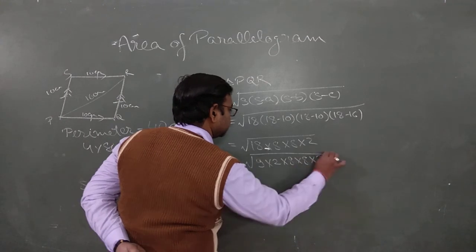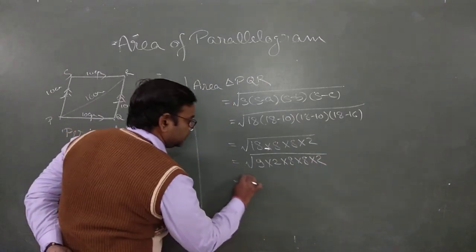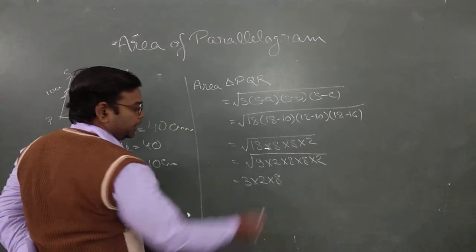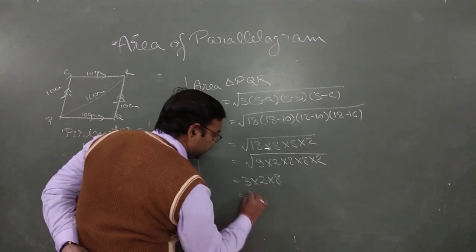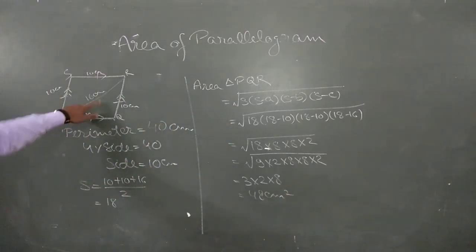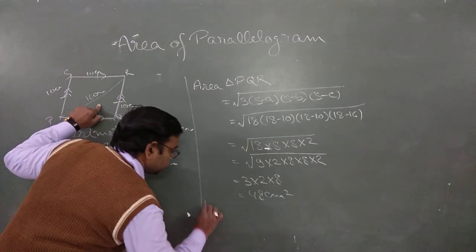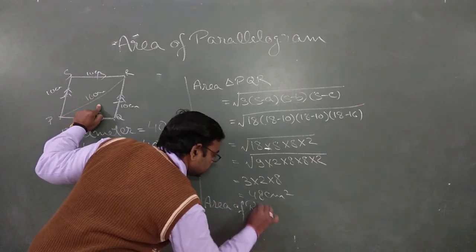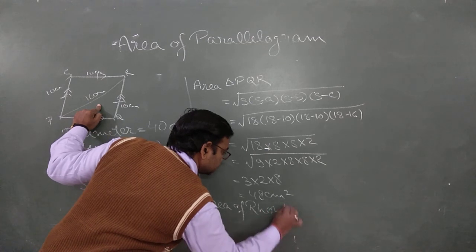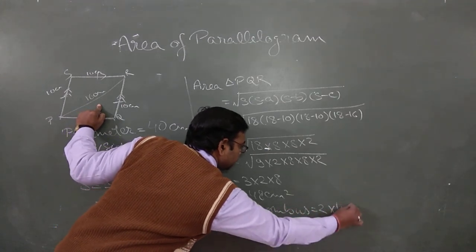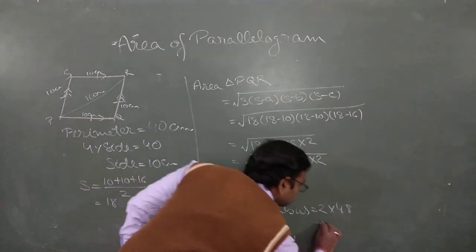So from this we can say that 3 into 2 into 8. 8 2s are 16, 3 16s are 48 centimeter square, the area of one triangle. Two triangles are equal, so area of rhombus is 2 into 48, it's 96 centimeter square.